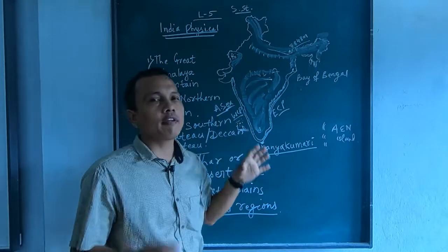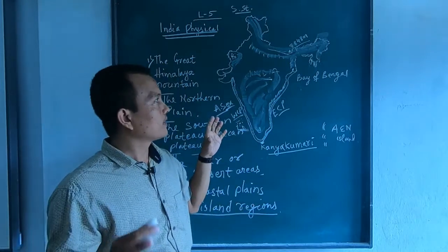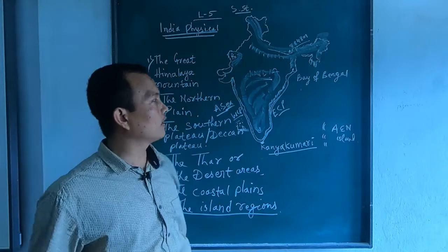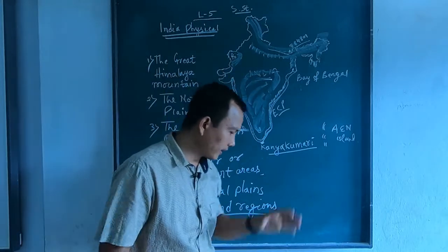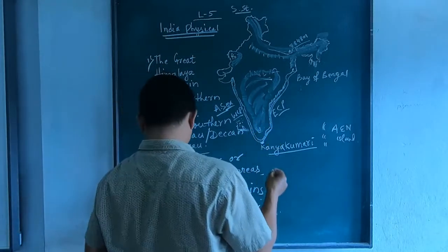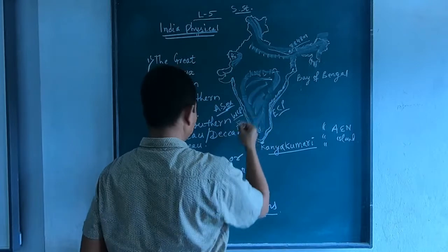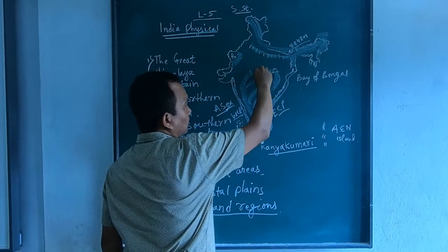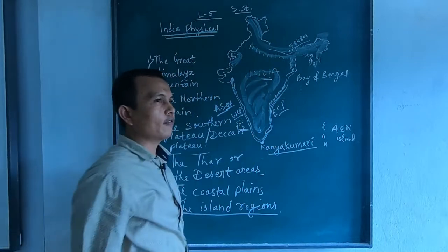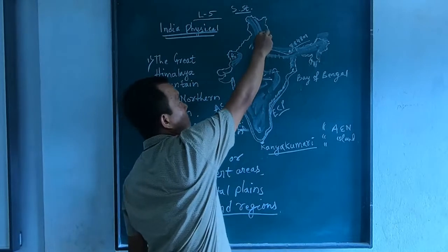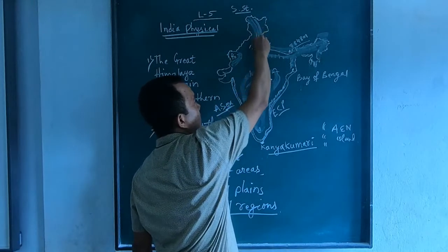There are many rivers, hills, and forests found in these areas. For example, there are snow-fed rivers, the rivers that come from the snow zone, like Ganga.